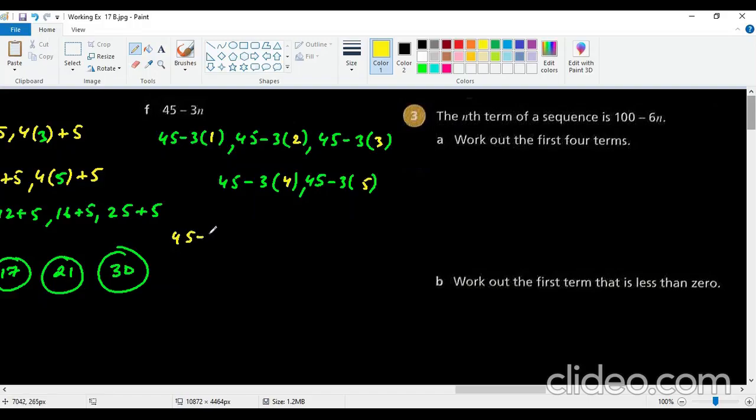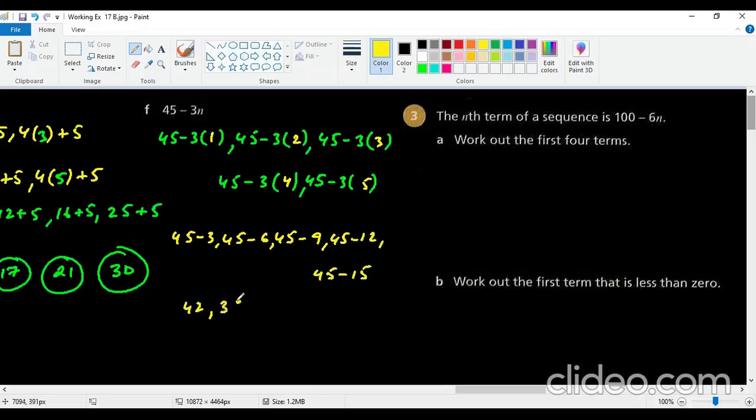Final answer is going to be 45 minus 3, 45 minus 6, 45 minus 9, 45 minus 12, and 45 minus 15. So the first term is going to be 42.